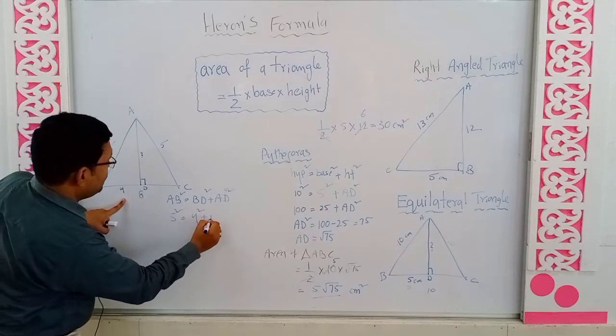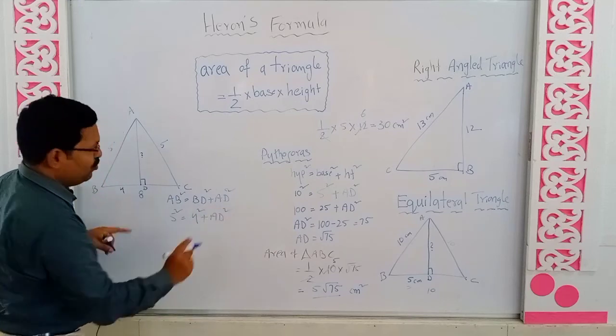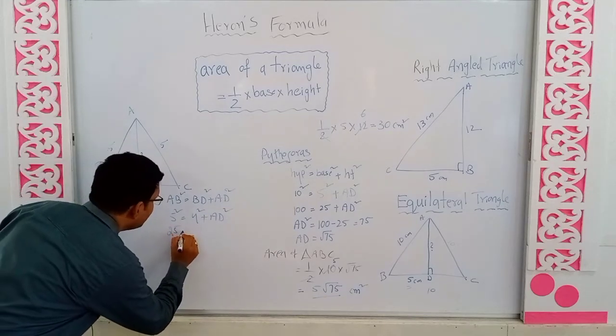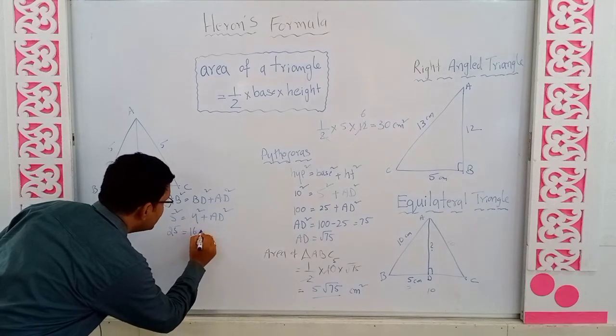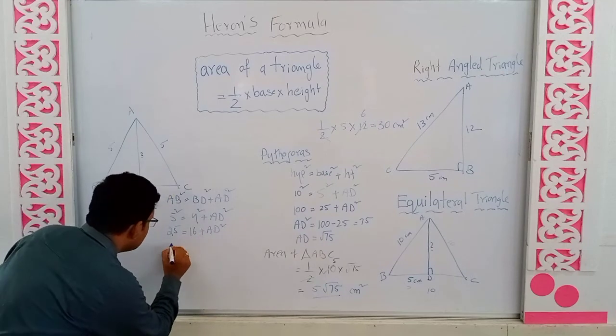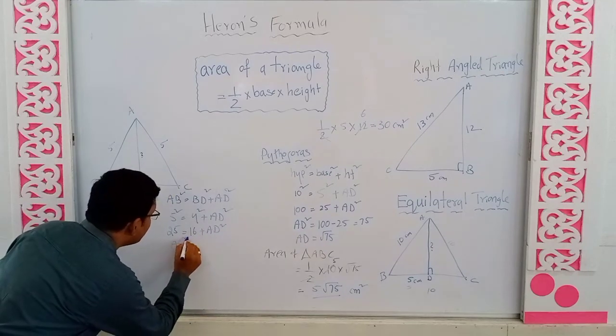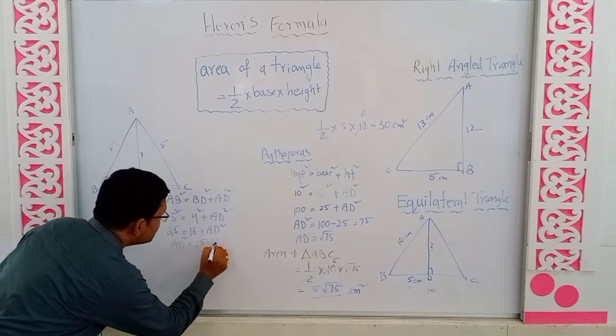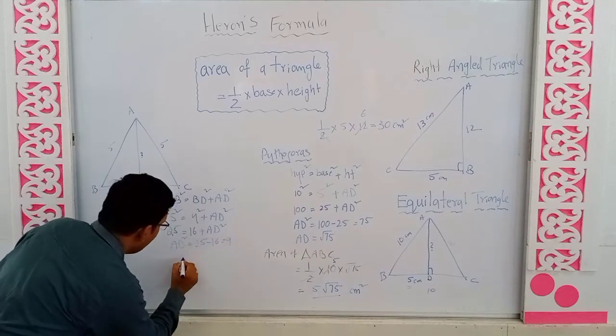Very good. Then what is AD square? We don't know. So how are we going to find out? 25 equals 16 plus AD square. So AD square is equal to 25 minus 16, which is equal to 9.